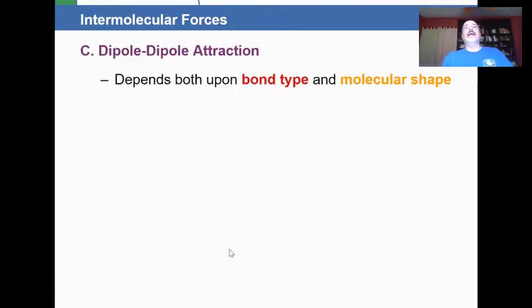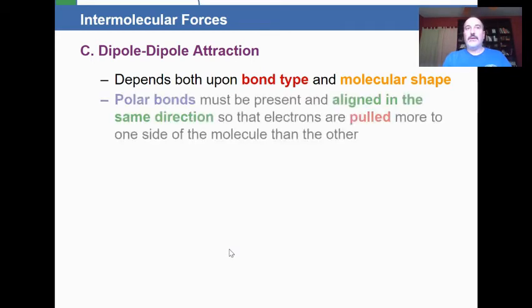Remember, dipole-dipole attraction, as you learned in the activity, depends upon two things. It depends both on the presence of polar bonds and upon the molecular shape, all right? Polar bonds must be present and aligned in the same direction so that the electrons are pulled more to one side of the molecule than the other.